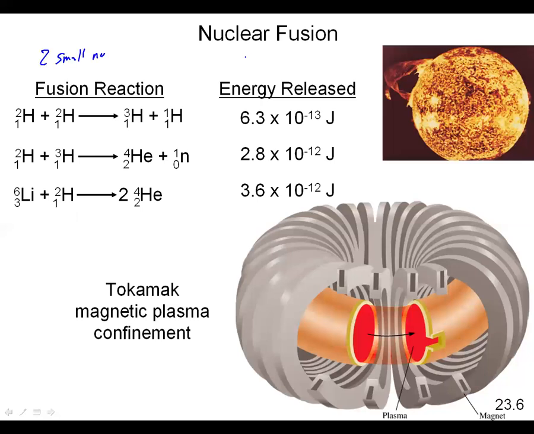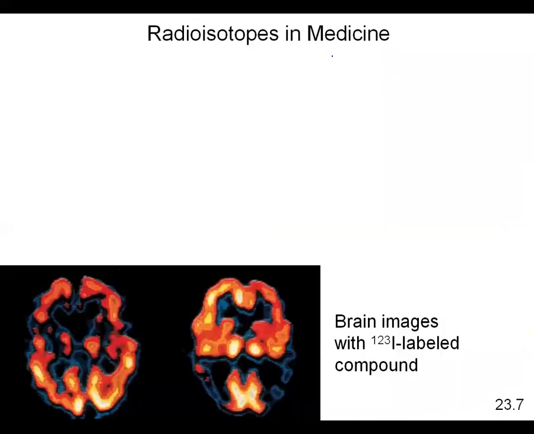And that usually happens at very high temperatures. So we take two guys and make one, and it happens at very, very high temperatures, like your vacation on the sun high temperatures. It requires a lot of heat and energy for this fusion reaction to occur, to fuse those two nuclei together.